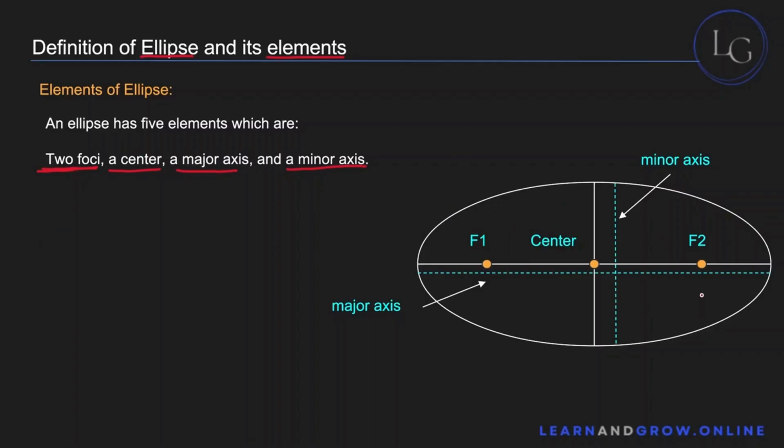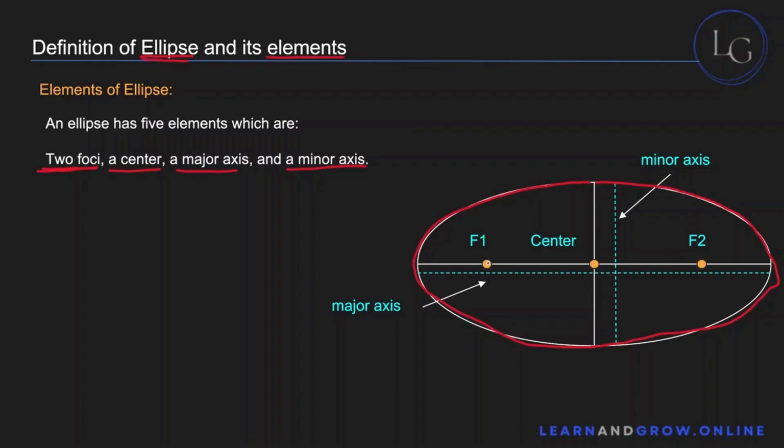Look at this shape. It's almost like you've joined 2 parabolas together. One is this parabola, and the other is this parabola. Now, these are 2 identical parabolas, just inverted from one another, and they're joined together to form this oval shape called an ellipse.